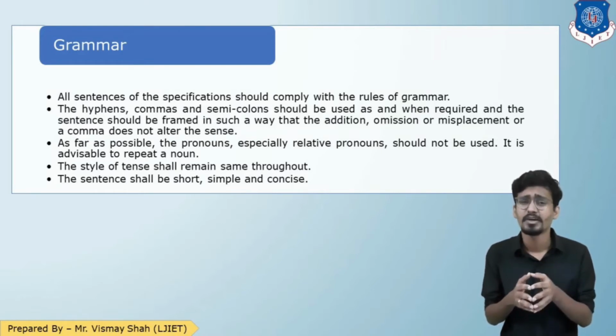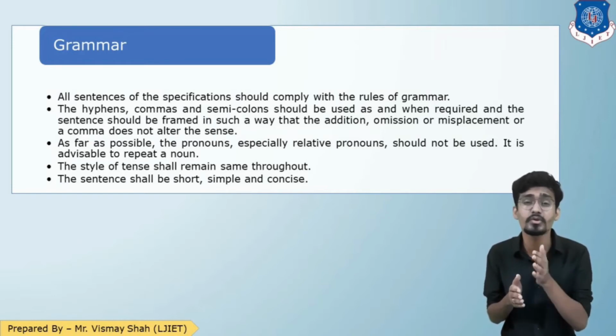The sentences shall be short, concise, and simple. The sentences used in the specification should not be very long and should not be misinformative. They should be simple, short, and concise. Concise means to the point.